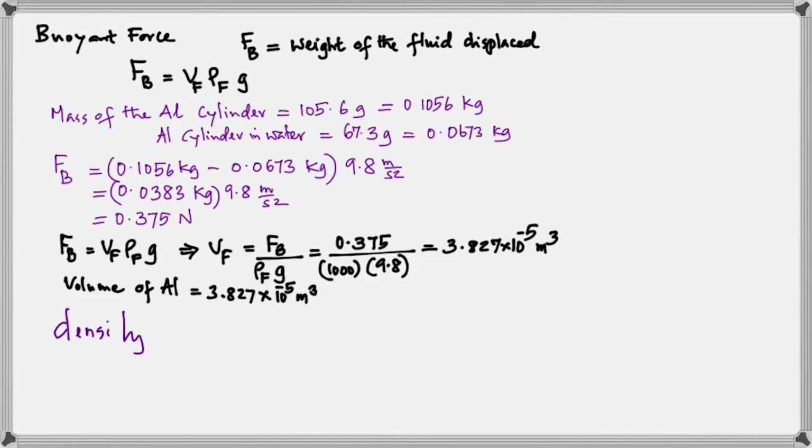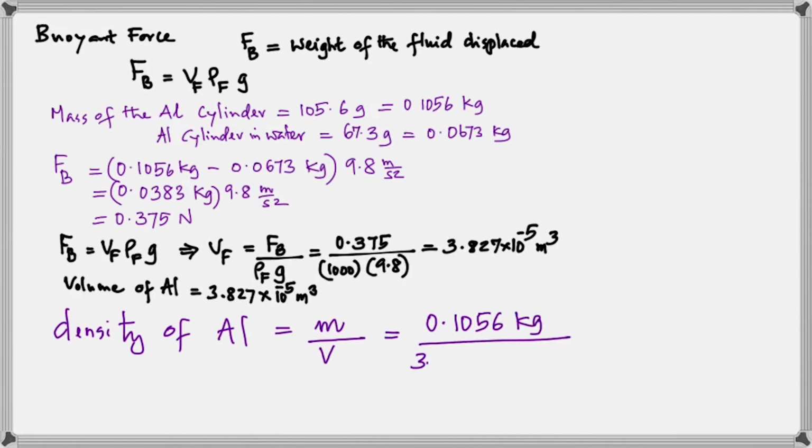So density of aluminum is the mass of aluminum divided by its volume. The mass of aluminum in kilograms is 0.1056, and its volume we just found out, 3.827 times 10 to the negative 5 meter cube. And what do you get?